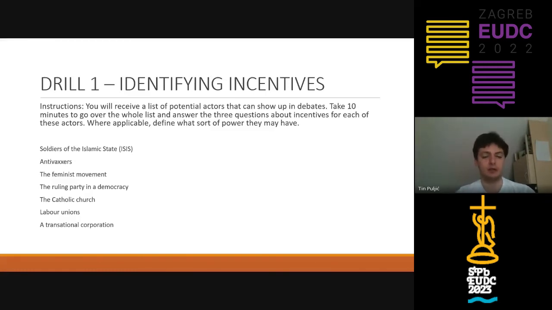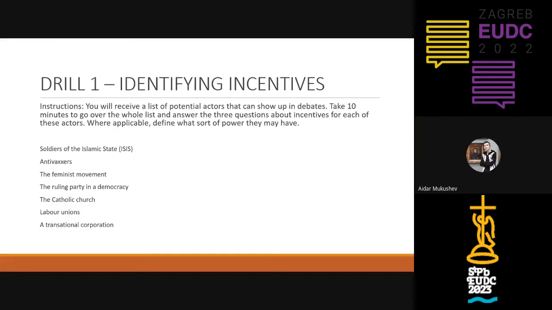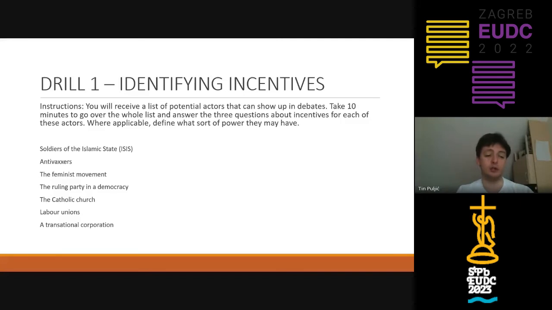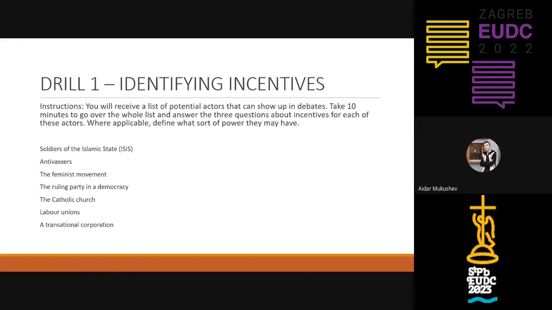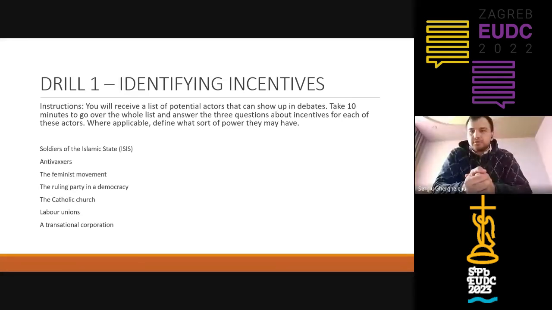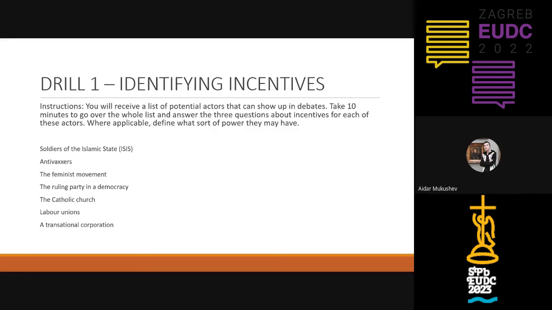And lastly, a transnational corporation. What does a transnational corporation want? Make more money in each sector. Okay, cool. So in general profit. How far are they willing to go to get it? They actually can work with governments.